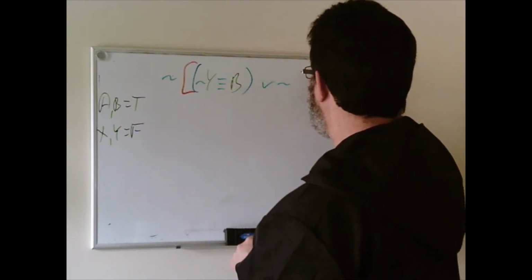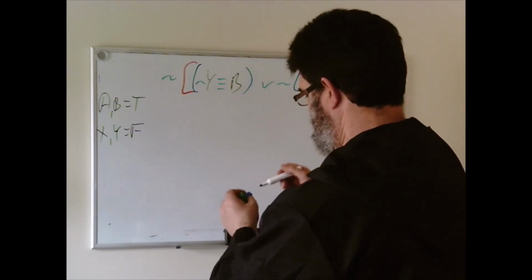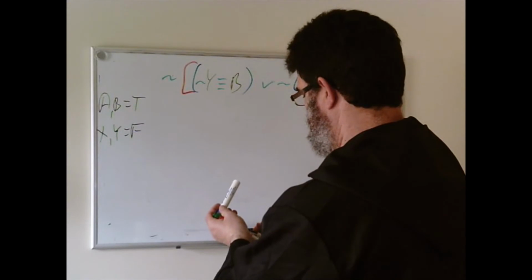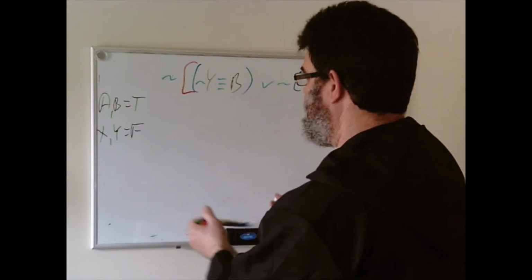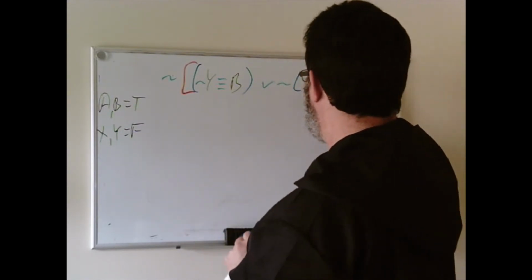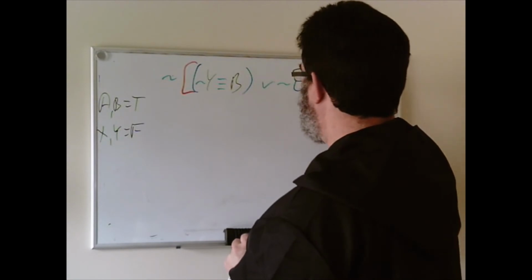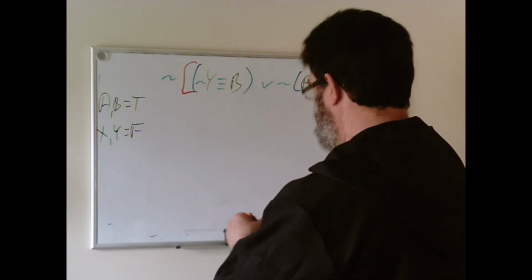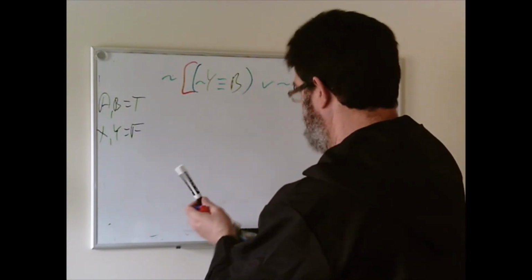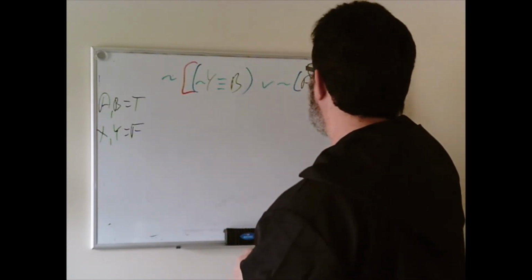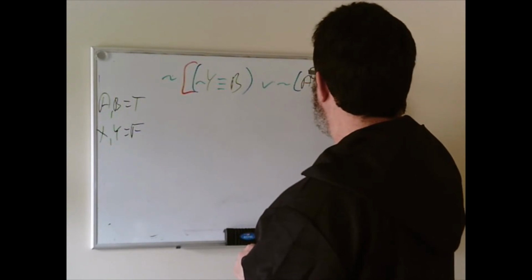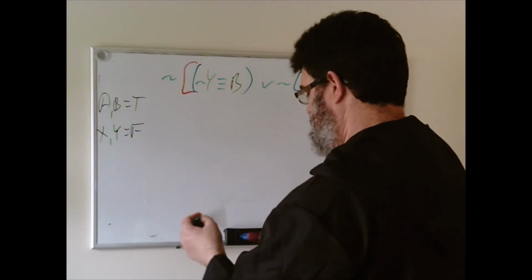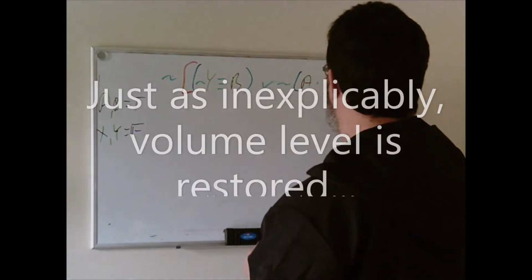Another set of parentheses here, and we'll say A, X, and we'll make this a conjunction. And now we'll close our bracket.